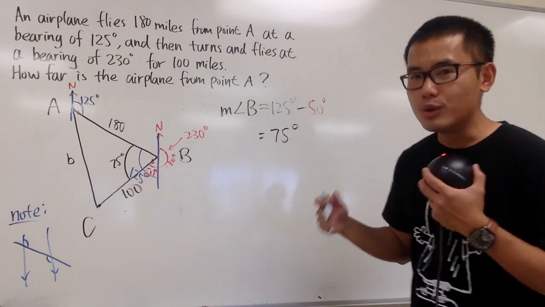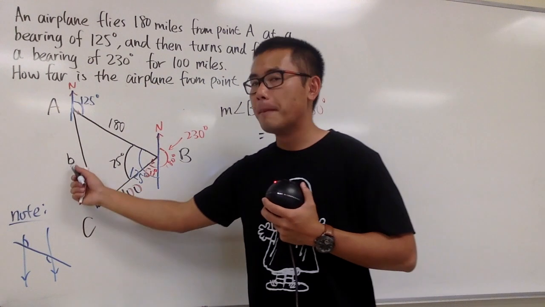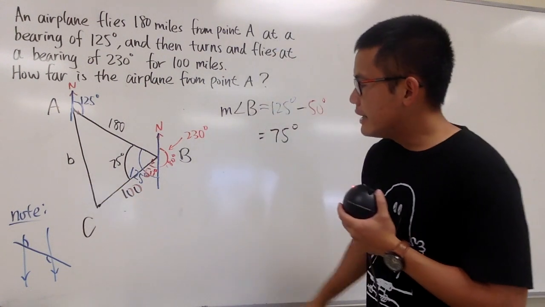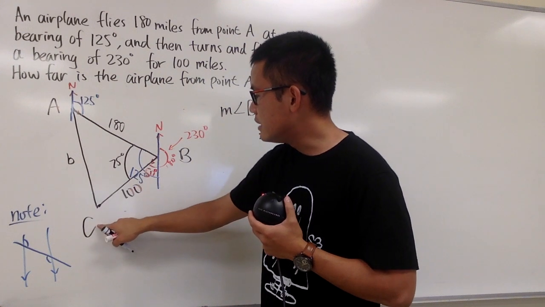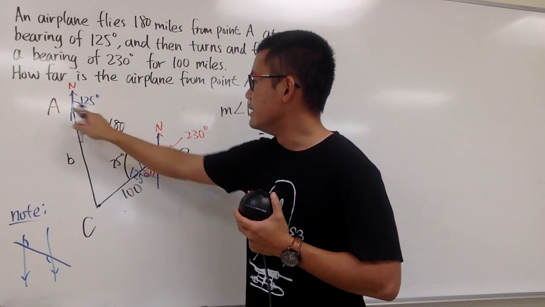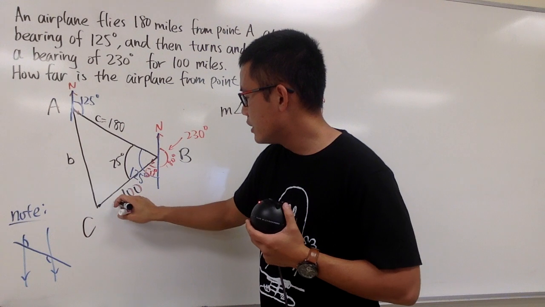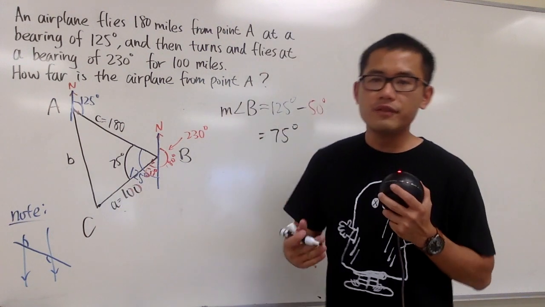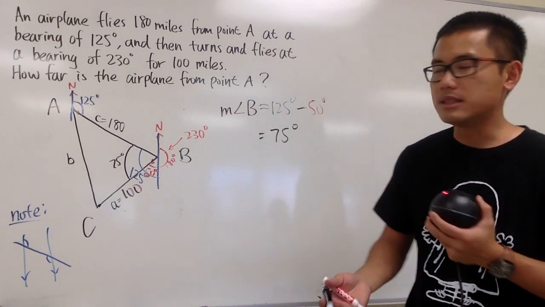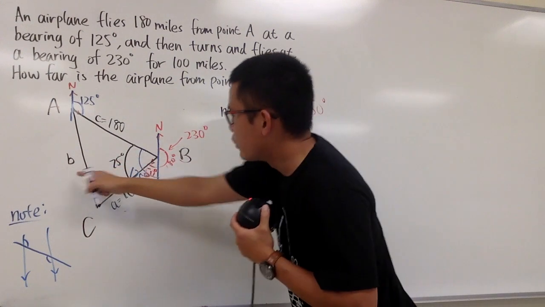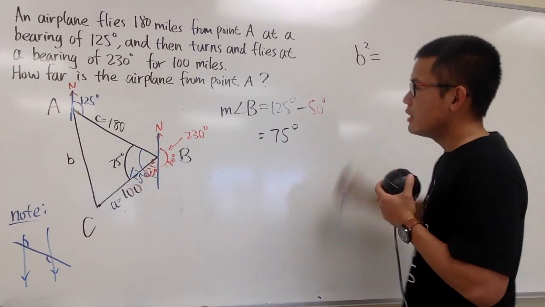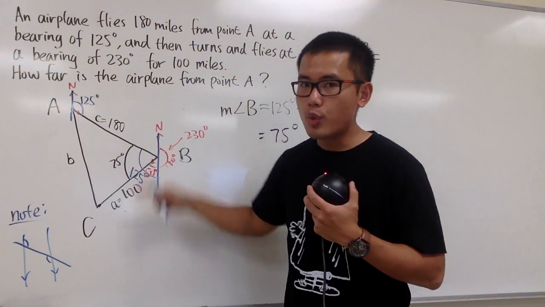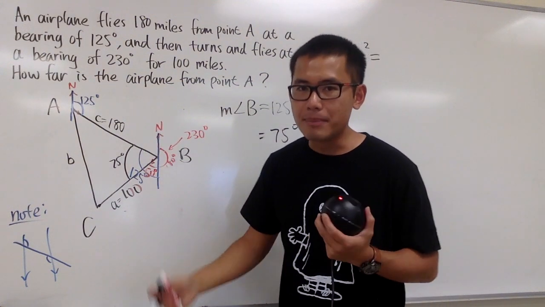And now we're ready to use law of cosine to solve for this B right here. And let me just do the labeling. This is B, right? And then since this is C, this will be little c. And since this was A, this will be little a. And the version of the law of cosine that I'm going to put down for you guys is the following. This side, which I don't know, I'll put this down first. So we have B squared. It will be the other sides. You square them individually, and then you add them up, right?